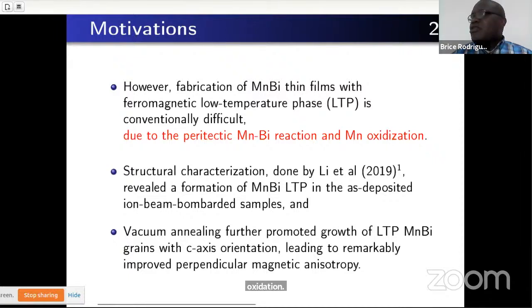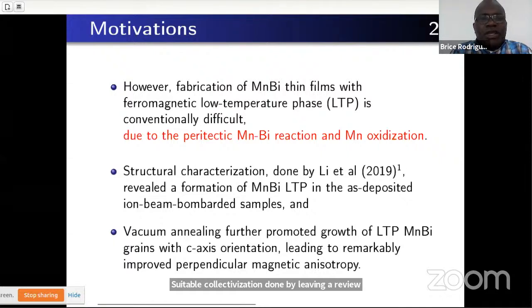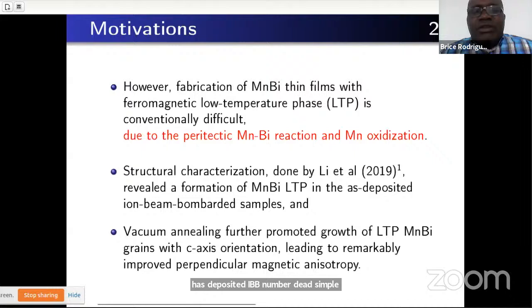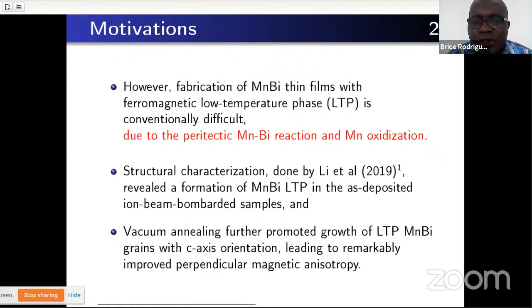Structural characterization done by Lee et al. revealed a formation of manganese bismuth in the as-deposited ion beam bombarded sample. And vacuum annealing further promoted growth of MnBi grains with C-axis orientation, leading to the perpendicular magnetic anisotropy.